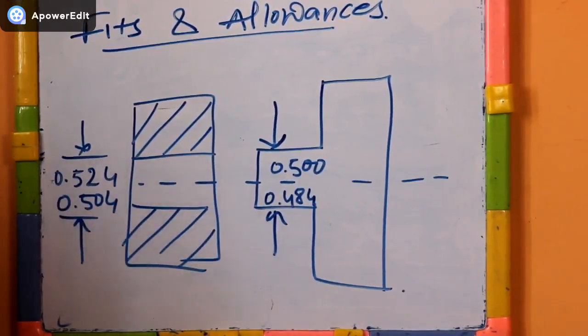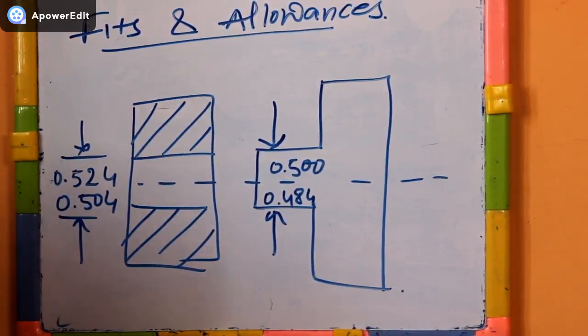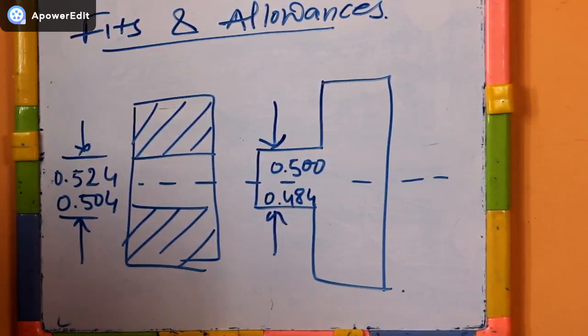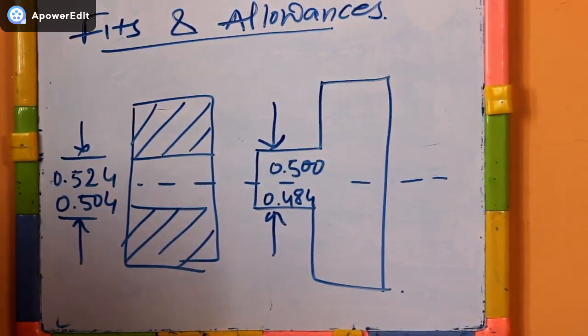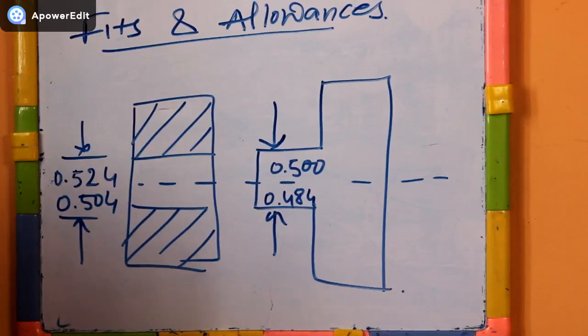Now let us consider the two terms, fits and allowances. The assurance that the mating features will assemble is one of the greatest achievements of the GD&T system. For example, a shaft at maximum material condition is compared to its mating feature, a hole at maximum material condition.